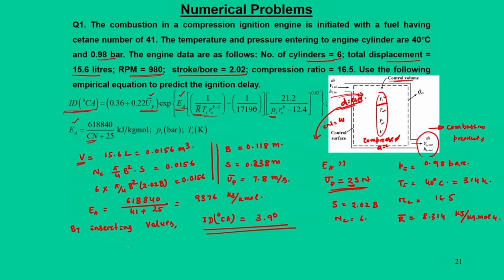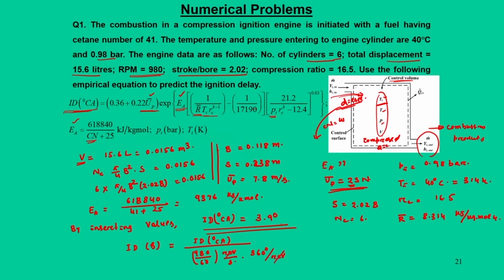To do that, we can write the ignition delay in seconds as the ignition delay in degree crank angle divided by rpm, that is 980 by 60, this many revolutions per second, and each revolution means 360 degree per revolution.